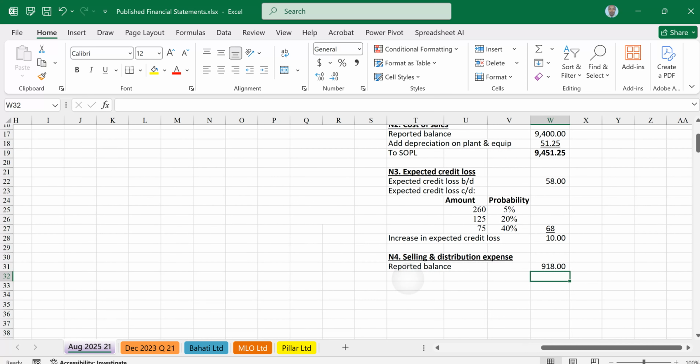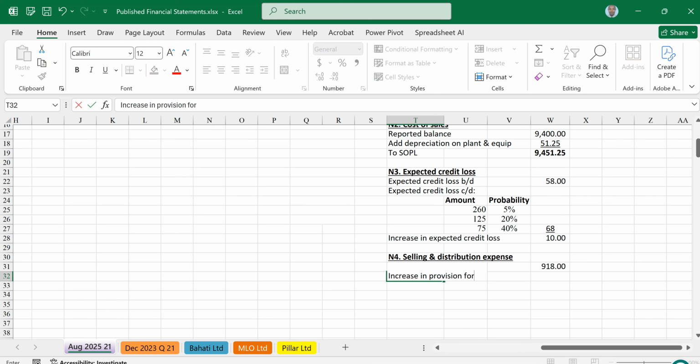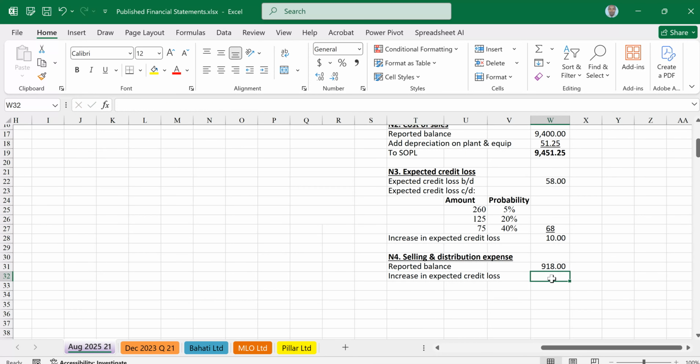Then increase in allowances, increase in provision for expected credit loss, or increase in expected credit loss. Now the increase is 10.